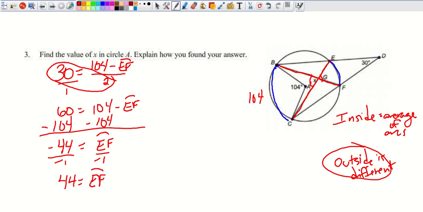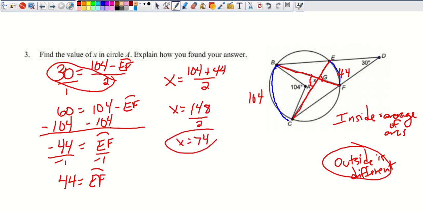Now that I know EF is 44 degrees, we can figure out x. Once again, the inside is equal to the average of the arcs. So x is going to equal 104 plus 44 divided by 2. This is 148 divided by 2, and x is equal to 74 degrees.